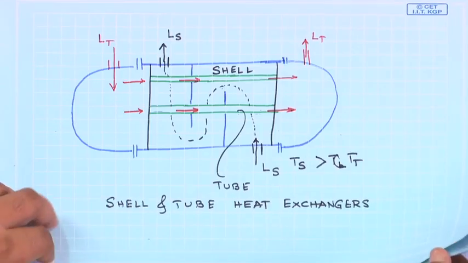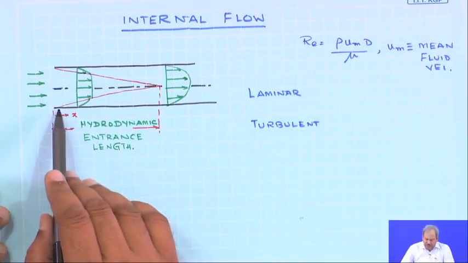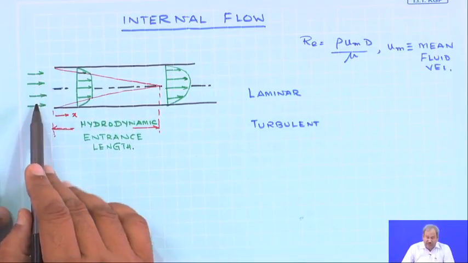Now, when we start with internal flow, the first thing to see is that when a flow approaches a tube or a pipe, the flow is uniform.